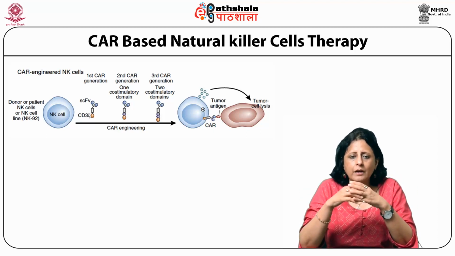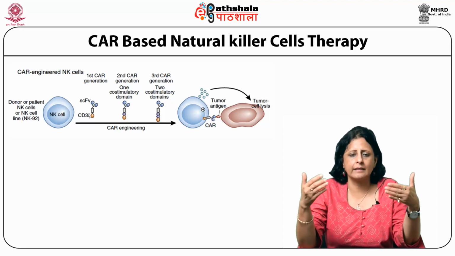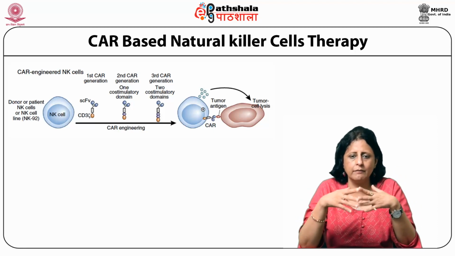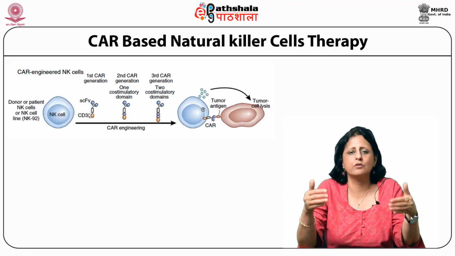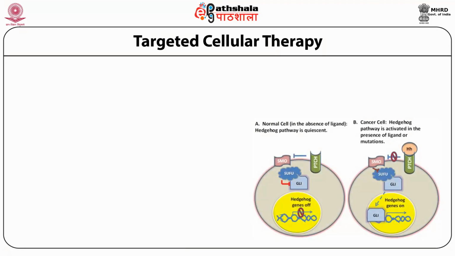The binding of a CAR to tumor antigen delivers a potent activating signal that triggers NK cell cytotoxicity, which results in elimination of the cancer cell. As I explained, through CARs or through specific T cell receptor modification, there are targeted cellular therapies.